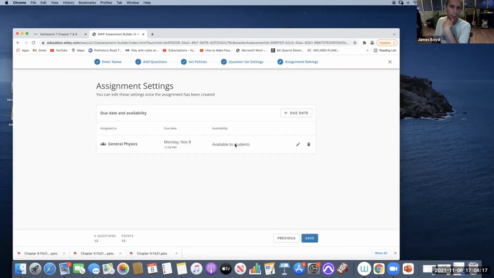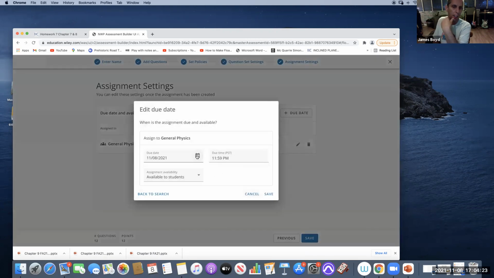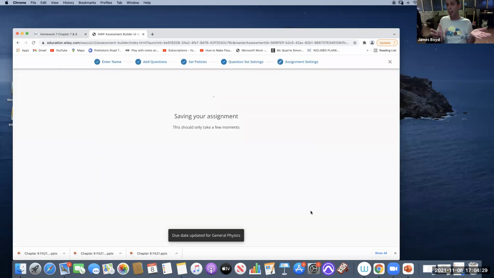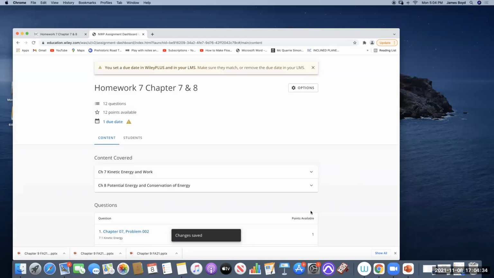Then I go to assignment settings, and it says today by 11:15. If I change that to now 23 and hit save, it should be okay for you guys, I hope. But I don't know.